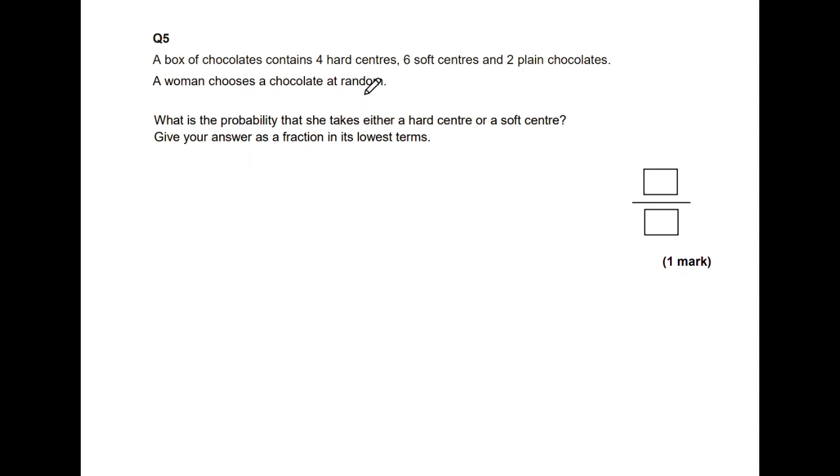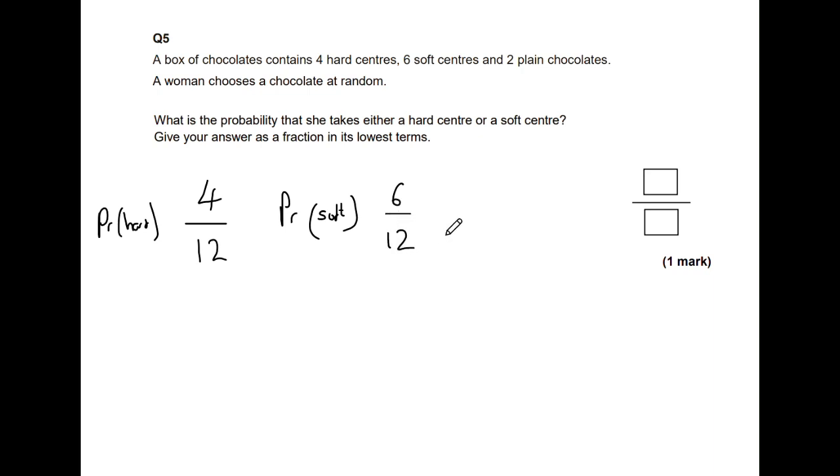Right, so the probability of hard is 4 out of the total number altogether, so that's out of 12. And the probability of soft is 6 out of 12.